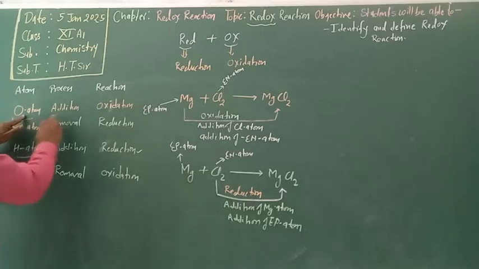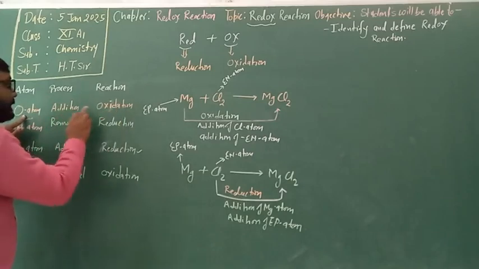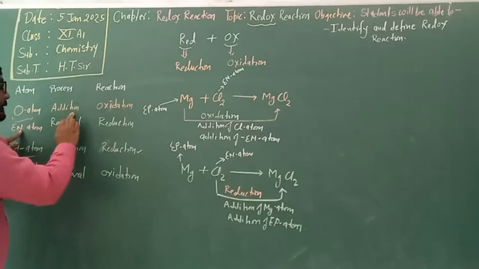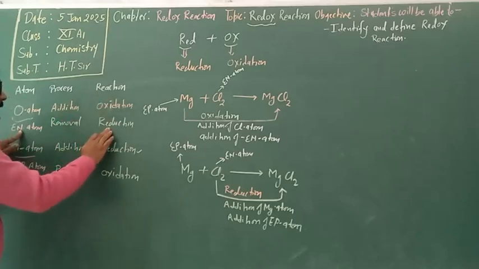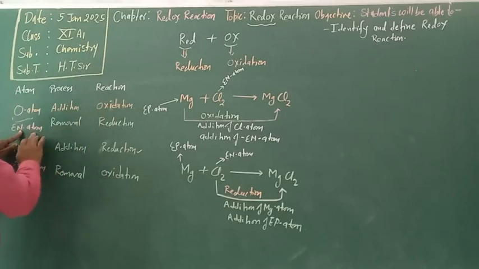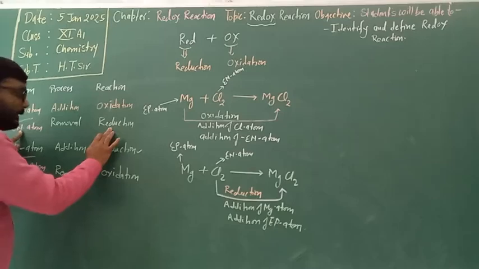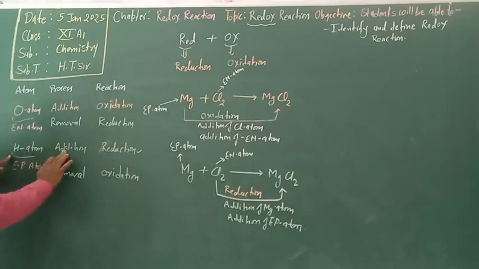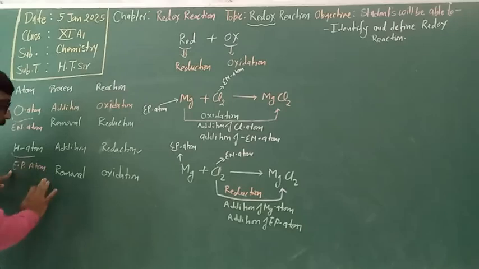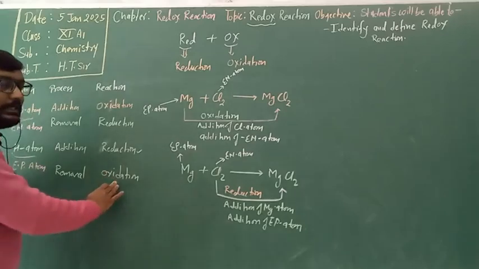How do we define it? Addition of an electronegative atom is oxidation. So the reverse, reduction, will be considered: removal of an electronegative atom is known as reduction. Addition of an electropositive atom is known as reduction, and removal of an electropositive atom we call oxidation.